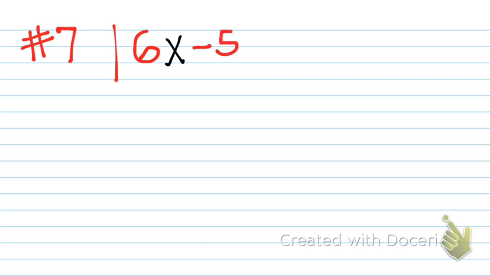In our next example, number 7, we have the absolute value of some number 6x minus 5, take away 7 must equal -1.